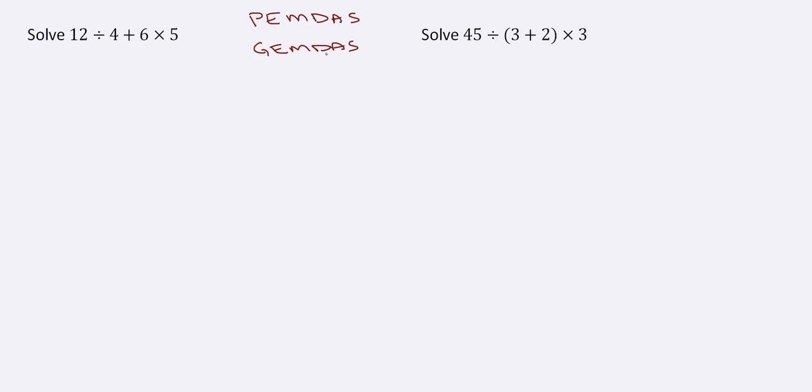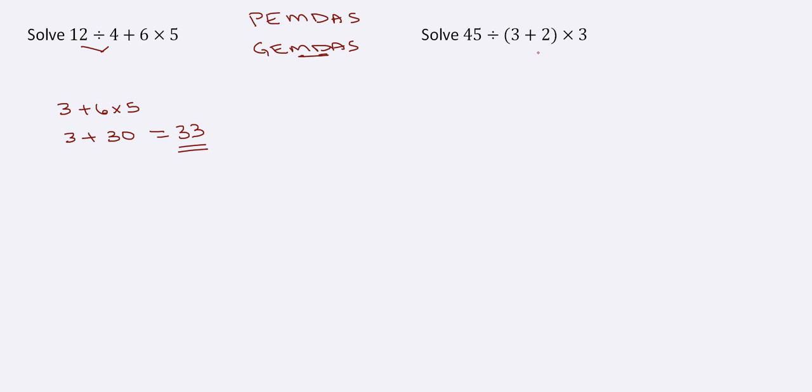Yes, but there's also a division. So if we have multiplication and division, we start from the left hand side. So we have 12 divided by 4, that's going to give us 3 plus 6 multiplied by 5. Now we have multiplication. So this is going to be 3 plus 30, which is going to give us 33. That's the answer for that.